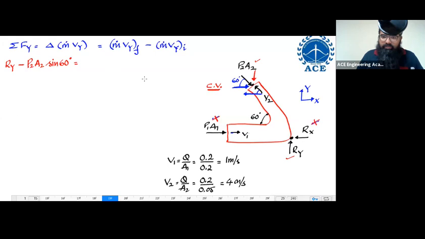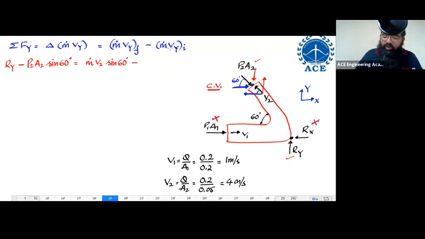Now we will talk about the right hand side. Final section, look over here, V2 is having a component upward, and that component will be equal to V2 sin 60. So I can write over here m dot multiplied by final section, positive, so V2 sin 60, minus initial velocity, which is completely in the x-axis.